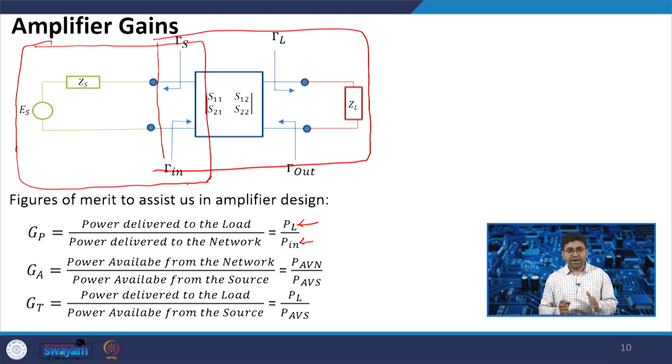And GT is the ultimate figure of merit, the power delivered to the load. You are considering the entire circuit and the power available from the source. So, this PL by PAVS will give the complete amplifier where the source is also considered and the load is also considered. Now, we will try to derive each parameter by using the signal flow graph.